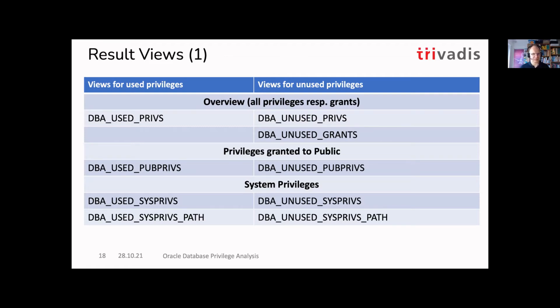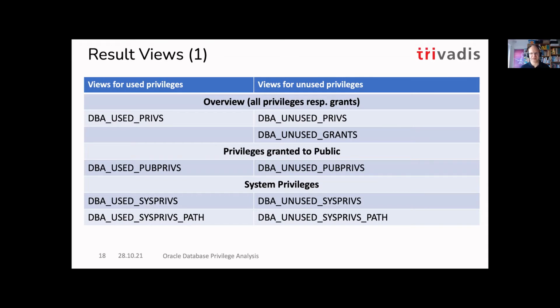We have DBA_USED_SYSPRIVS, which is system privileges, create session, create table, etc. And as an important thing, we have DBA_USED_SYSPRIVS_PATH. And we have similar path views for the other privilege types. And what does path mean in this context?